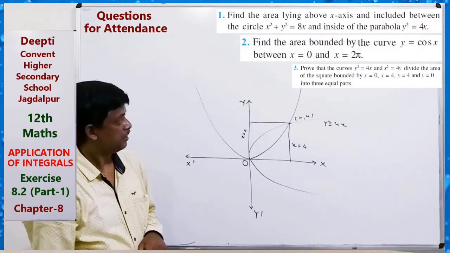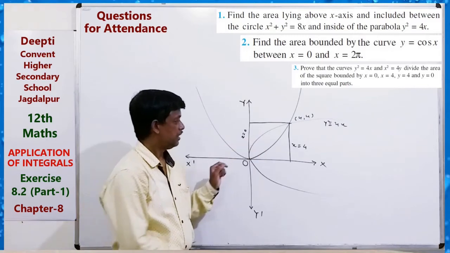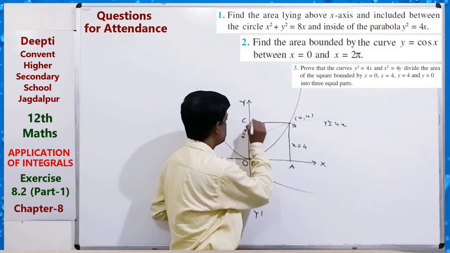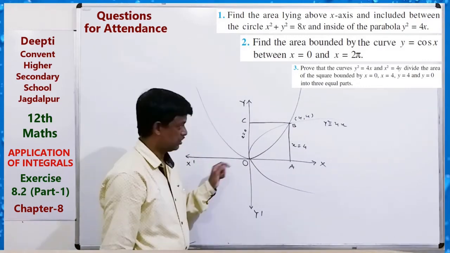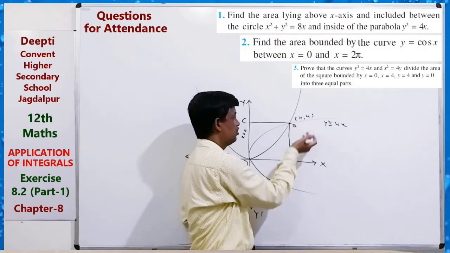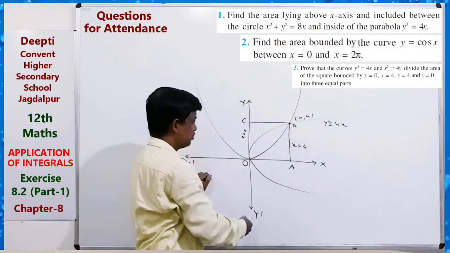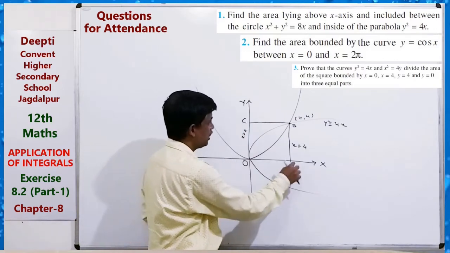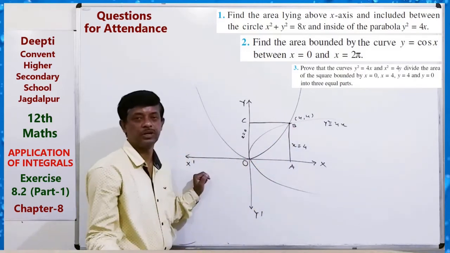Clear? And this square OABC, we can draw these two curves and get the intersection point 4, 4. So x equal to 4, x equal to 0, y equal to 0, y equal to 4. This OABC is a square.